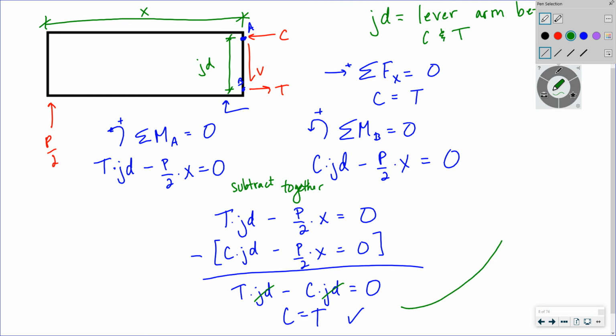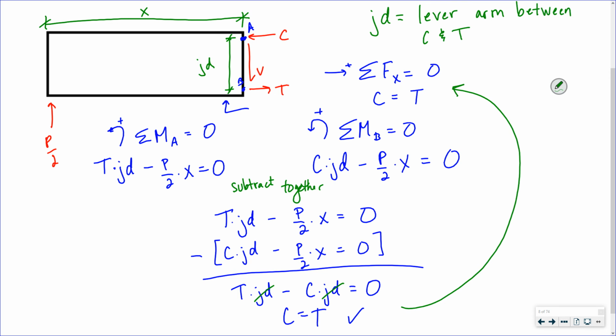We're just proving our compressive force must equal our tensile force for the cross section to be in equilibrium, for the beam itself to be in equilibrium.